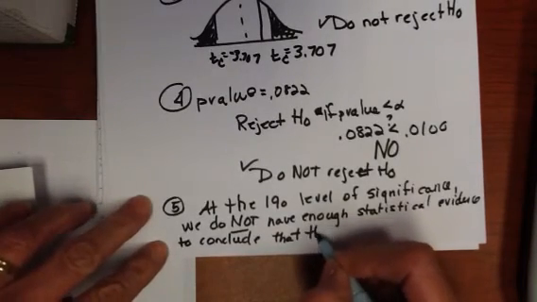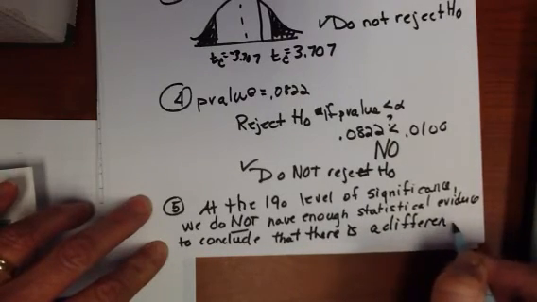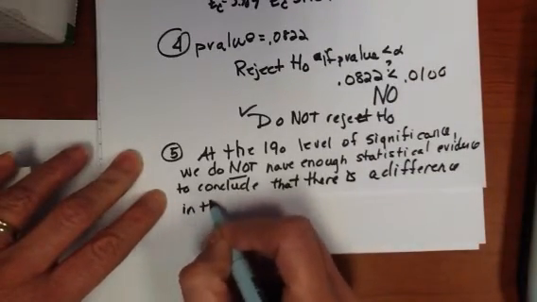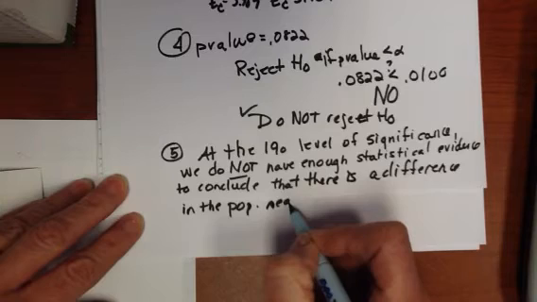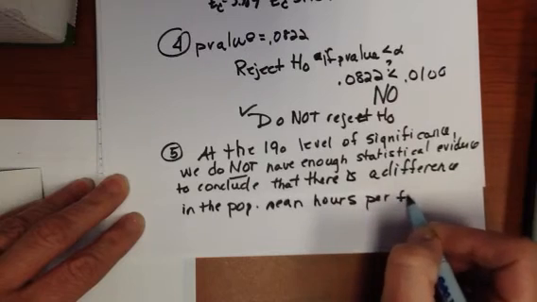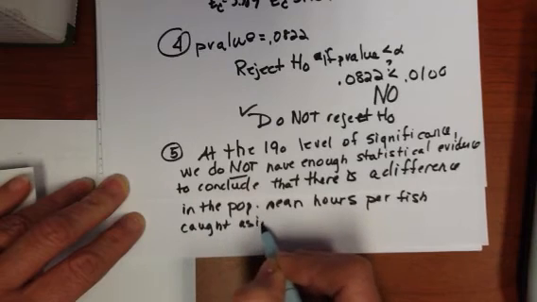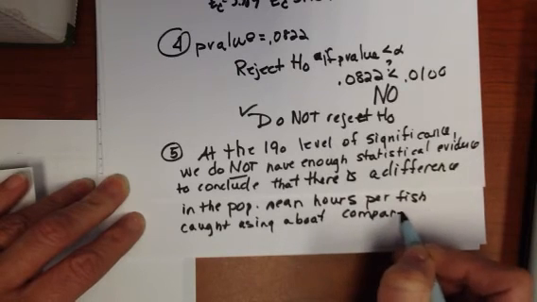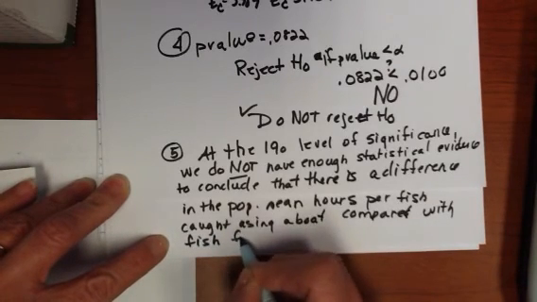So to conclude that there is a difference in the population mean hours per fish caught using a boat compared with fish from the store or shore. Sorry.